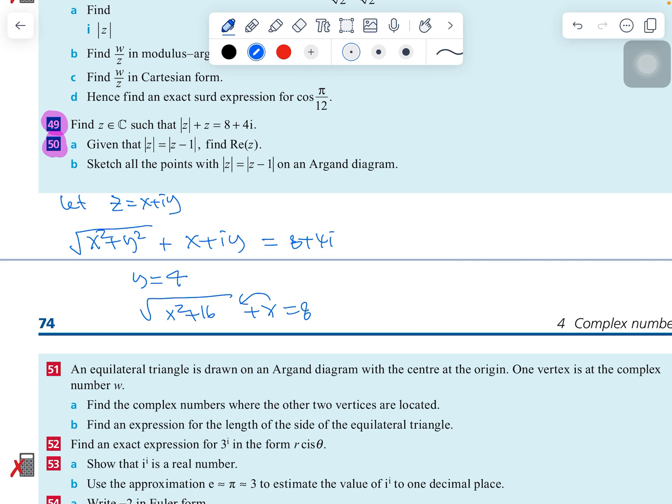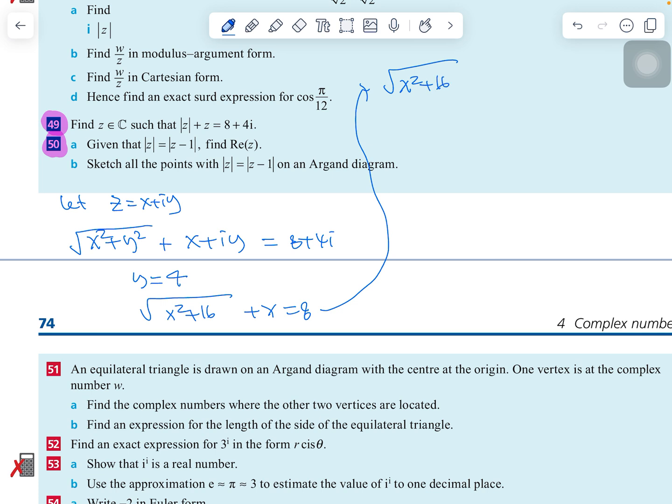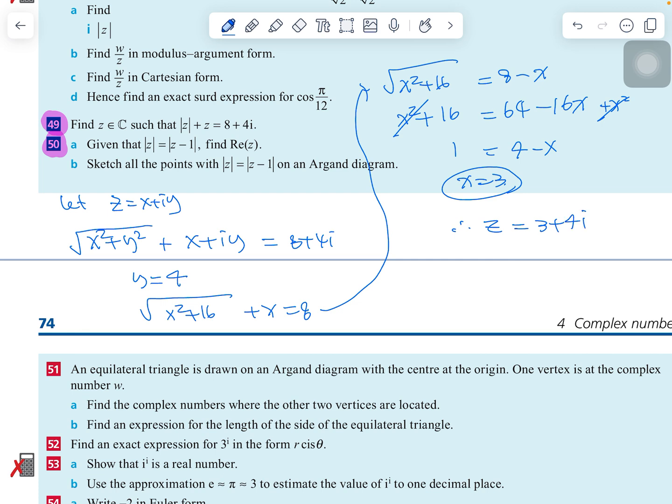We cannot put x into the square root. If we have x here, let's say, we can put it in because this is multiplication. But plus or minus cannot come in that way. So we need to go 8 minus x and square both sides. 64 minus 16x plus x squared equals x squared plus 16, so x is 3. So now we can tell z is 3 plus 4i.